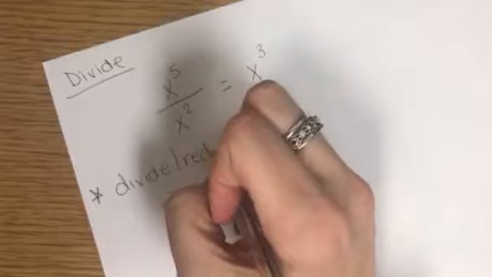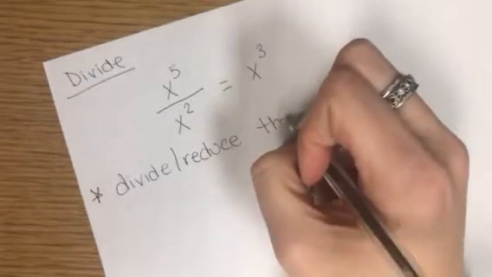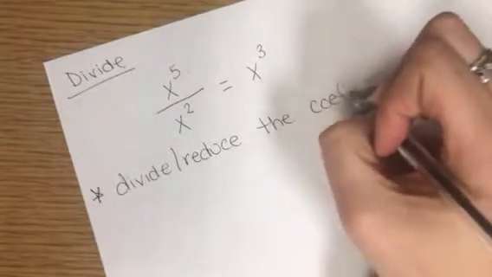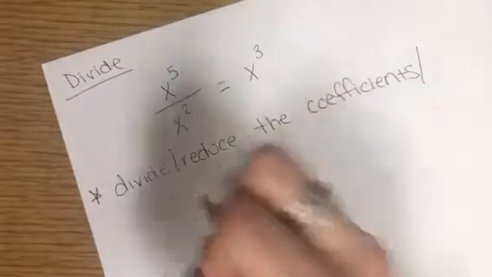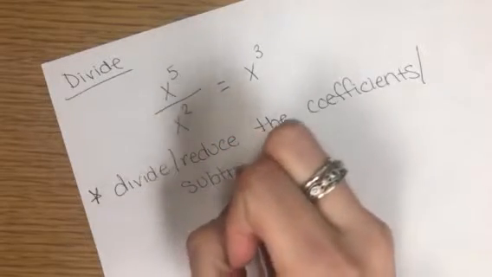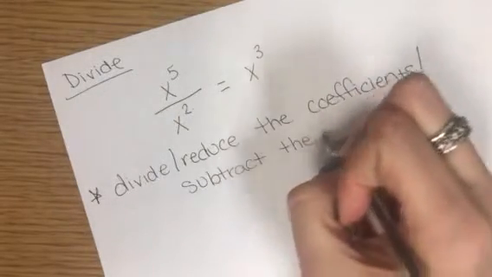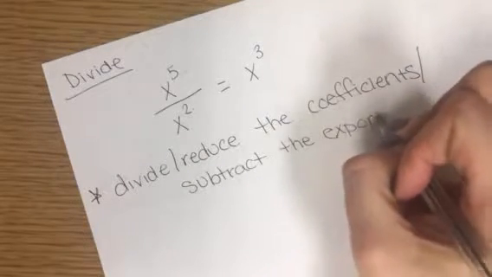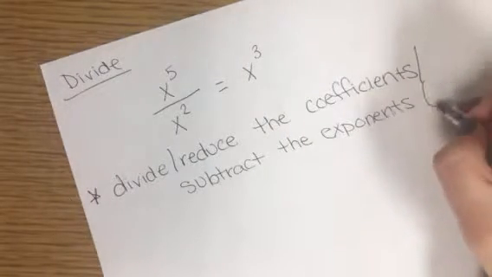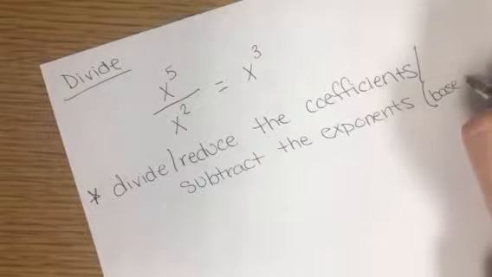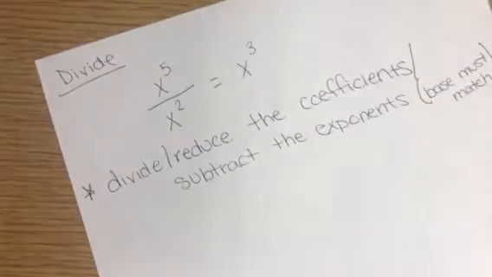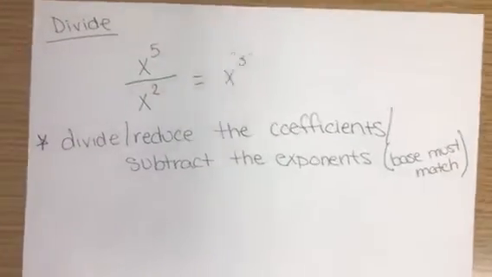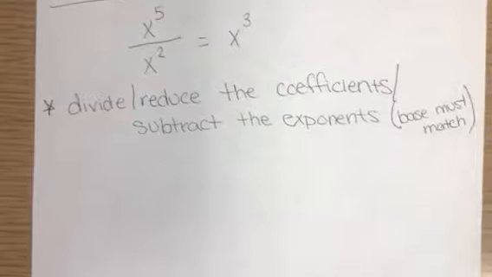We're either going to divide or reduce the coefficients, the big numbers in front, and then we are going to subtract the exponents. And again, just like before when we were looking at these yesterday, the base has to match. So x's will stick to x's, y's will stick to y's.